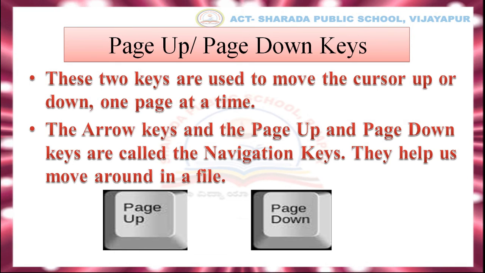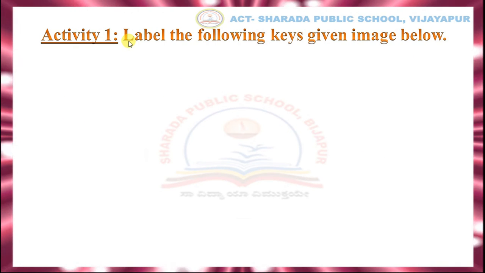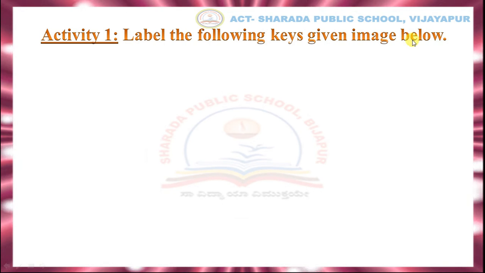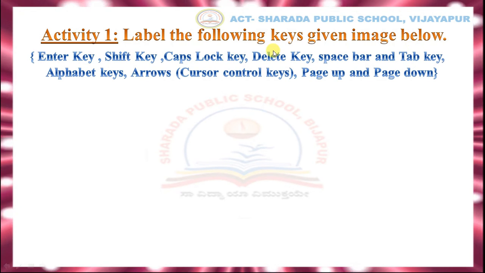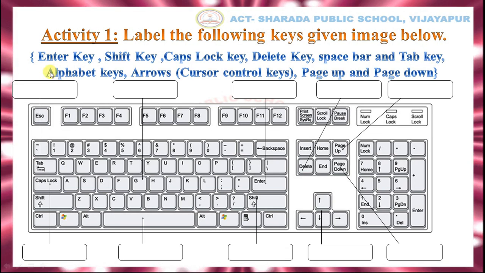Now let's solve the curriculum worksheet number 1. Activity 1. Label the following keys given in the image below. Key names are Enter key, Shift key, Caps Lock key, Delete key, Spacebar key and Tab key, alphabet keys, arrows or cursor control keys, page up and page down keys.